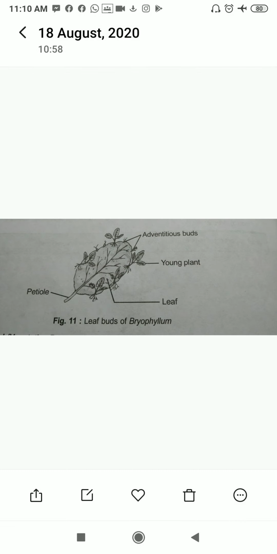Then come to the artificial vegetative propagation. In this particular method, cutting, layering and grafting take place, and these three methods generally take place for agricultural and horticultural purposes.